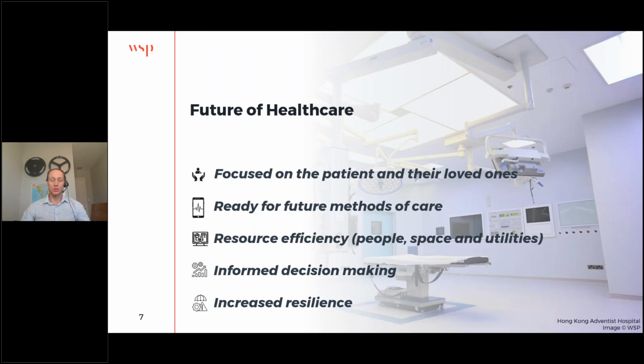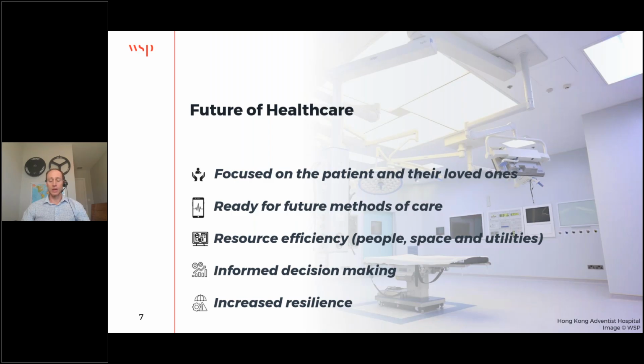A big drive around resource efficiency, shortages of engineering teams to manage facilities, shortage of caregivers, costs of resources, and then trying to be as efficient as possible with our energy, gas, water, etc. consumption. In order to achieve these outcomes, informed decision making becomes a key aspect. So using data and leveraging data from various points within the building to draw trends and enable contextual awareness.